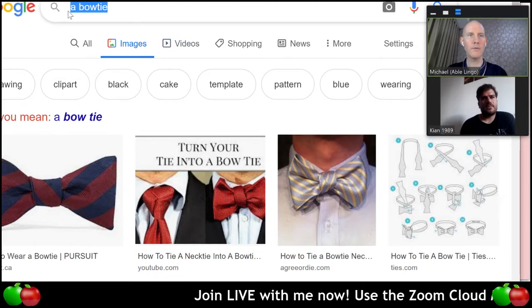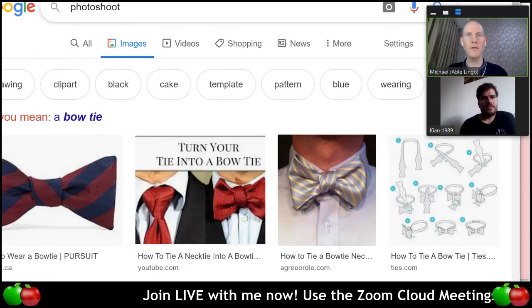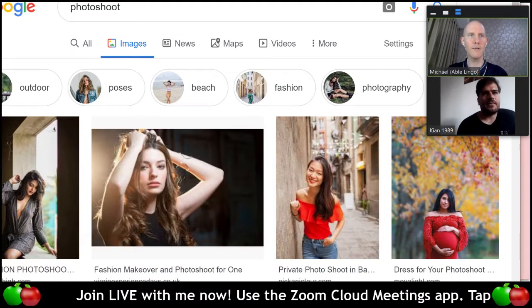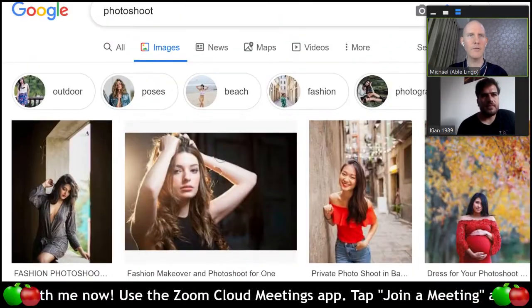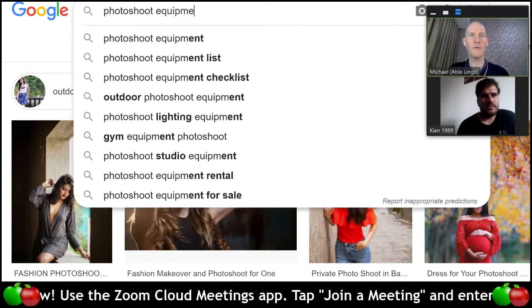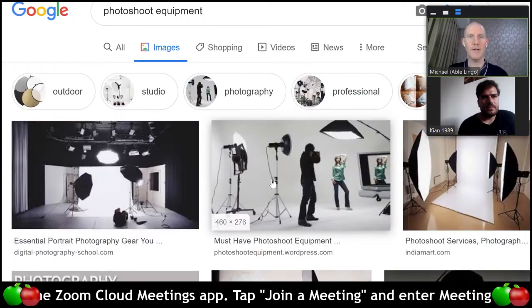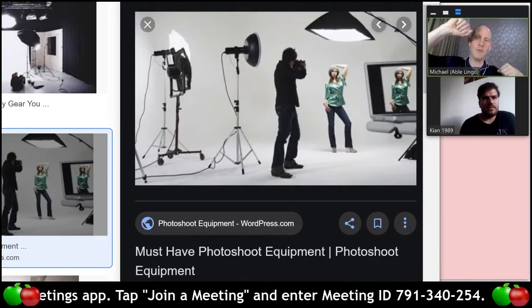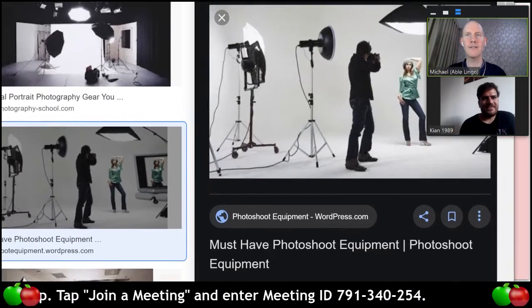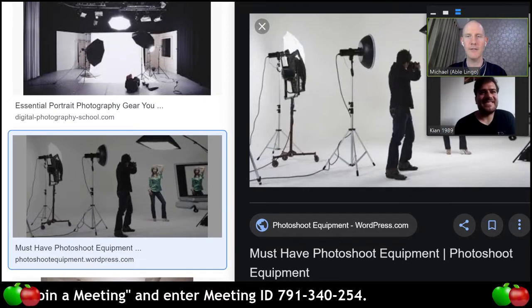Let's put in photo shoot. So this would be like, yeah, with all the camera equipment and stuff and taking pictures. See, photo shoot equipment. All right, so the lady's like, work it, pose, all that stuff. So that's a photo shoot, right?